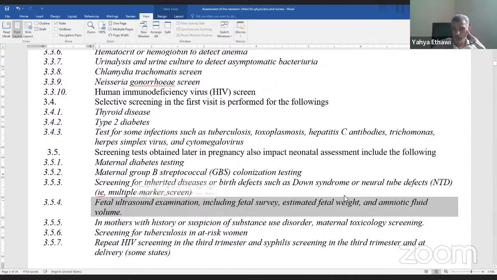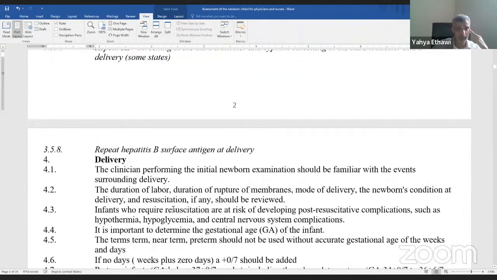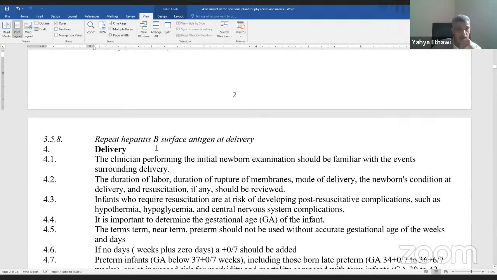We need to know the expected weight of the baby, and we need to know the amniotic fluid volume, usually expressed as the amniotic fluid index, and whether it is normal, because that can affect the formation of the lung. Of course, substance use or toxicology should be there, HIV status, and so on.